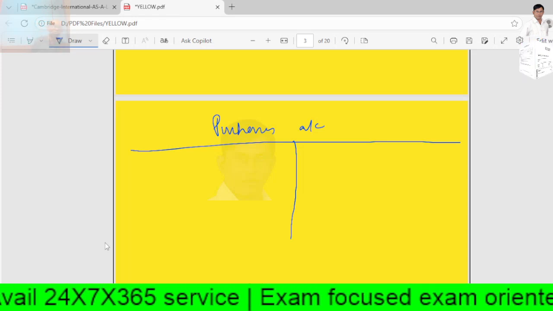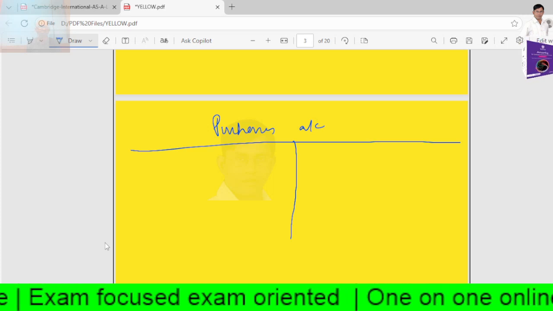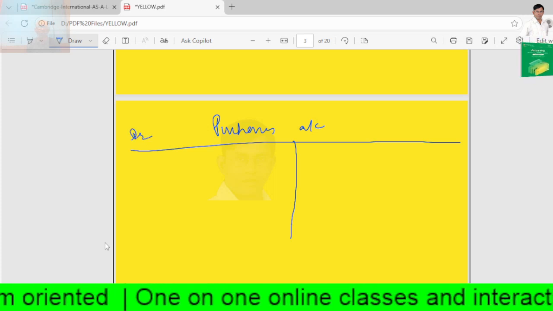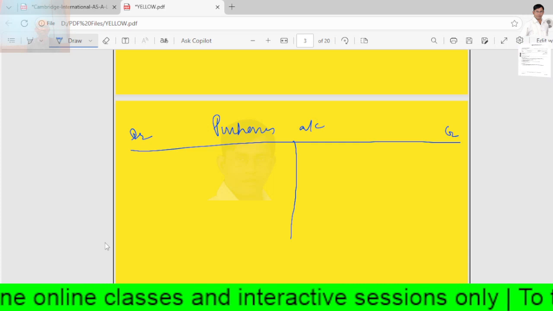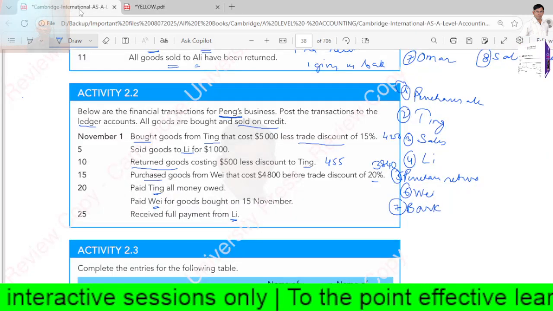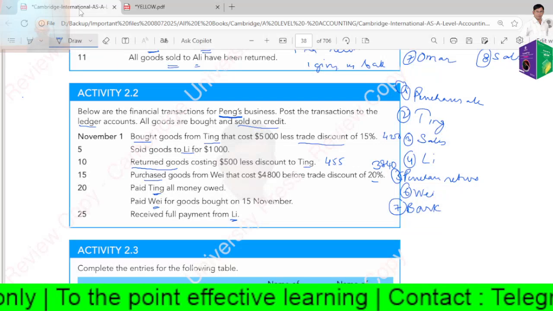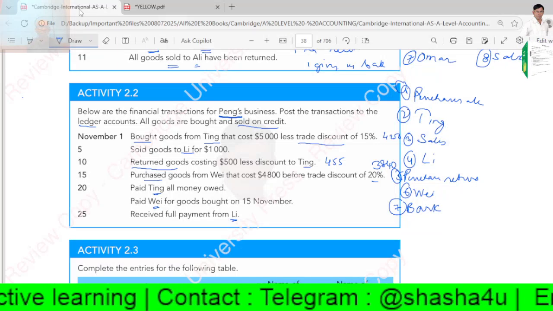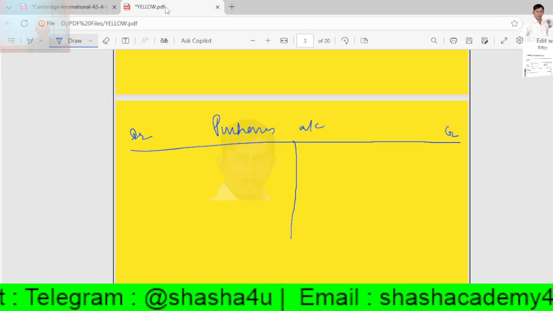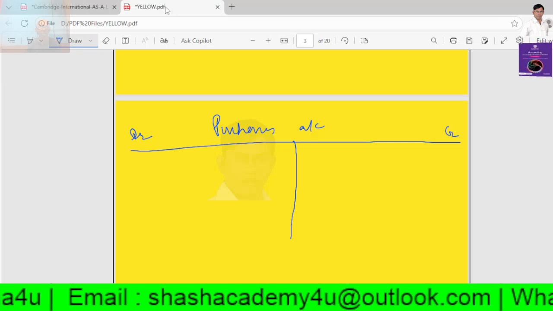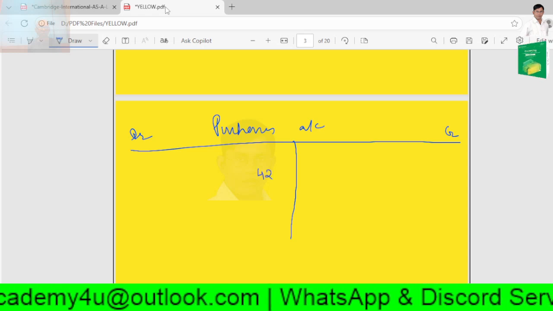This side is always debit and this side is always credit. The purchases account will be debited with 4,250, because purchases is an expense, and an expense account is always debited.